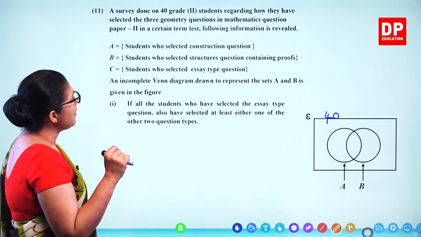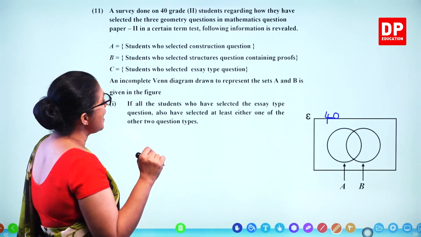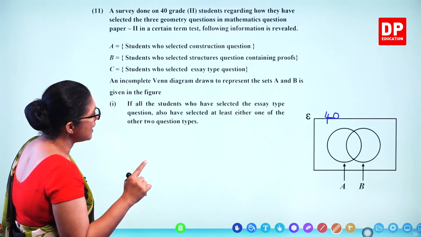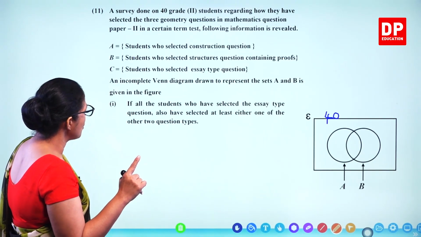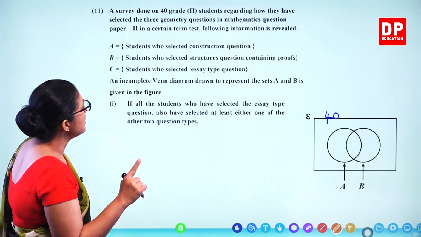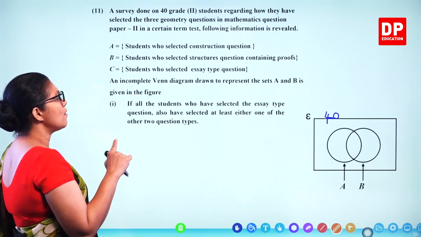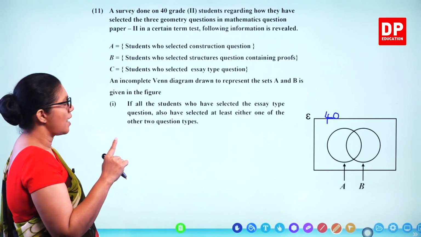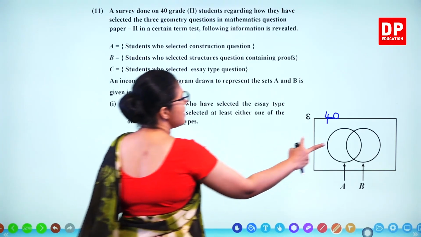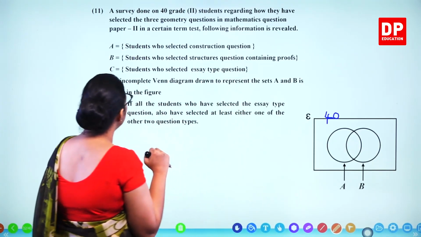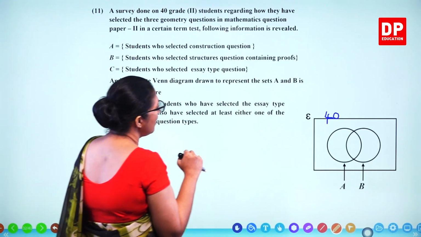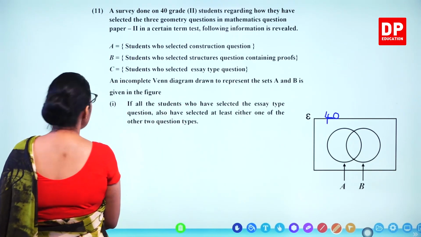An incomplete Venn diagram drawn to represent the sets A and B is given in the figure. If all the students who have selected the essay type question, that's C, also have selected at least either one of the other 2 question types. So that means that should be inside A and B as well. And we'll see the next part.